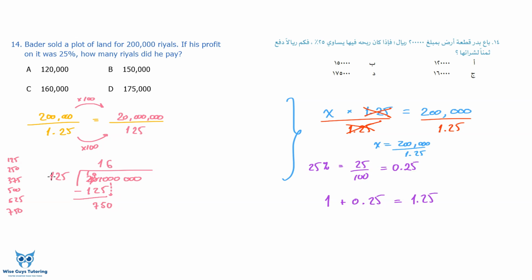So 125 times 6, that's 750 that we are subtracting, and you end up with 0. You bring that 0 down, and you do the same thing again. It does not fit in there, so that's a 0. You bring that 0 down, and you'll get 0 again, because it doesn't fit in there. So I'll save you the trouble of doing all these zeros because I'm running out of space.